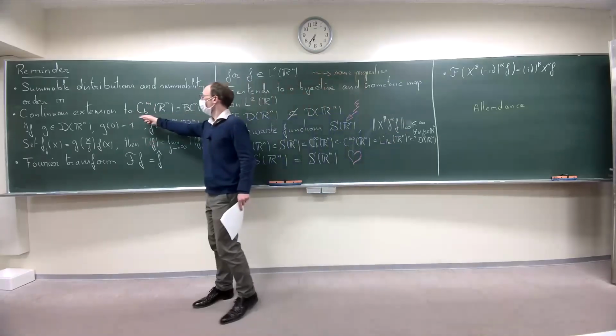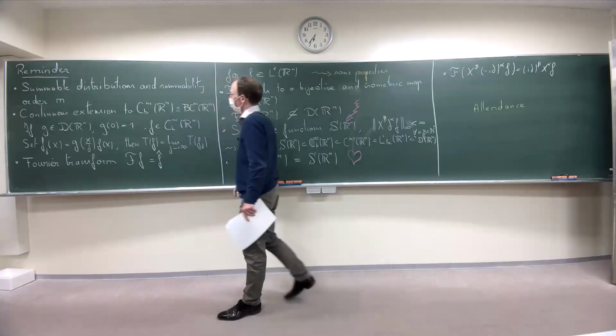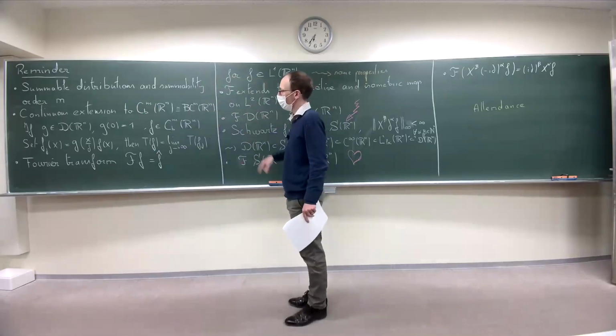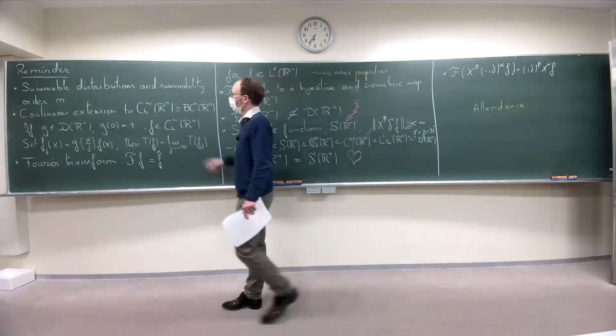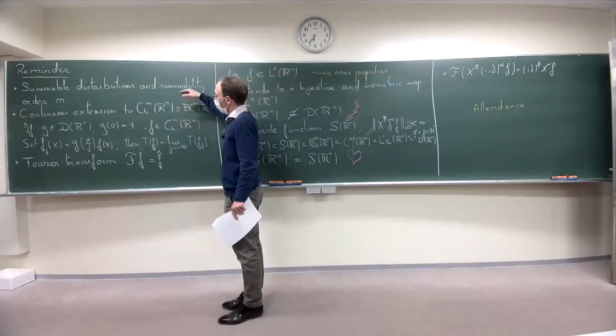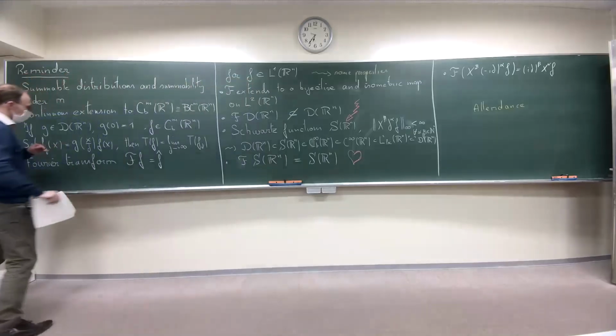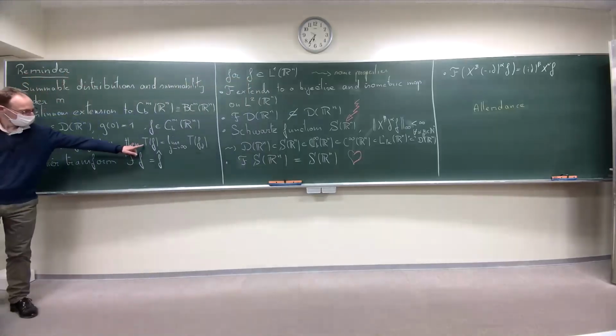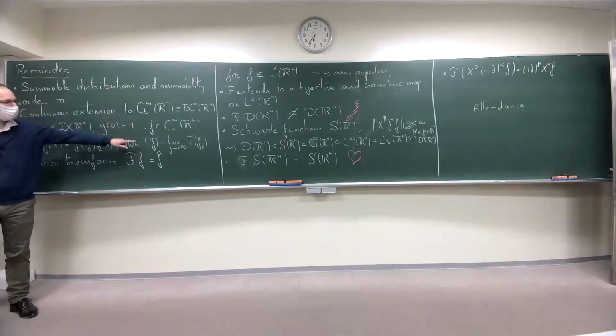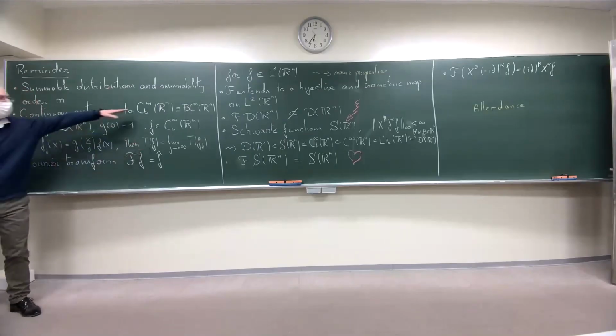The function 1 is in this set, for example, while it is not in the set of test functions. So we can extend summable distributions, and we even have a certain formula to define a distribution which is M summable on an F in this set.